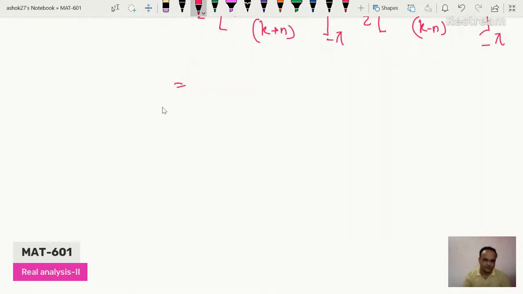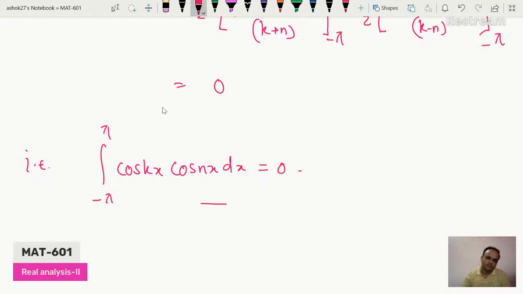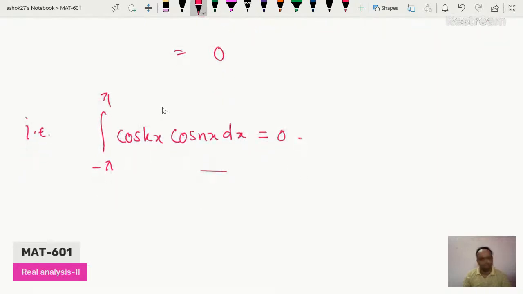So what we proved is that the integration from minus pi to pi of cos kx into cos nx dx is 0. The remaining proofs are similar to 1, and you can prove them at home.